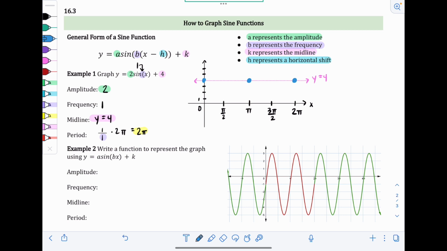So for sine, you have 3 points on the midline: start, middle, finish. And then at the quarter of the way mark, sine goes up to a maximum, which is going to be the amplitude above the midline up here. And then at the 3/4 of the way, or 75% of the way through at 3 pi over 2, you're at the minimum, which is going to be 2 units below the midline, the amplitude below the midline, so it'd be down here. So that's another order that you can draw it in that's sometimes helpful.